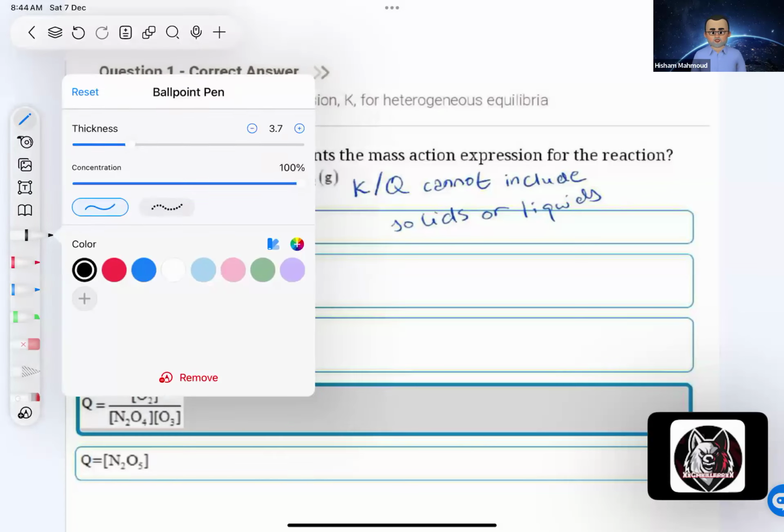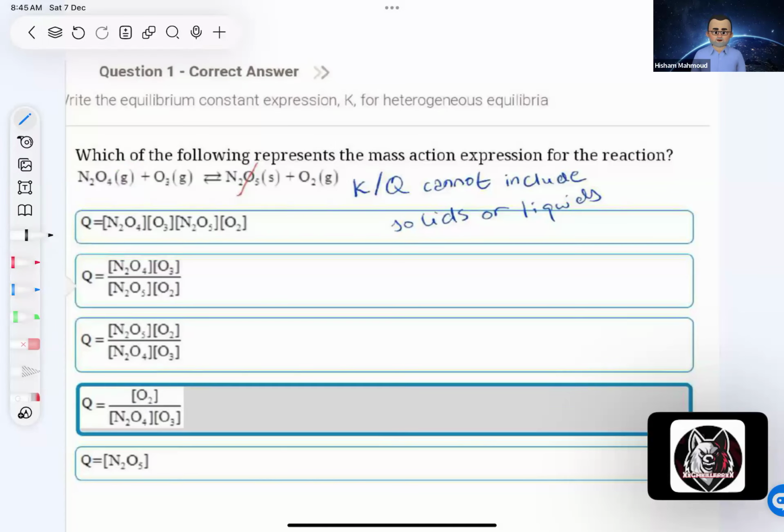So what is our product? The oxygen gas concentration. And don't worry, gases can be Kc concentration or Kp pressure. So gases work with both. It can be concentration or Kp pressures. Okay, O2 and then divided by Y. I did not include N2O5 because it is a solid.